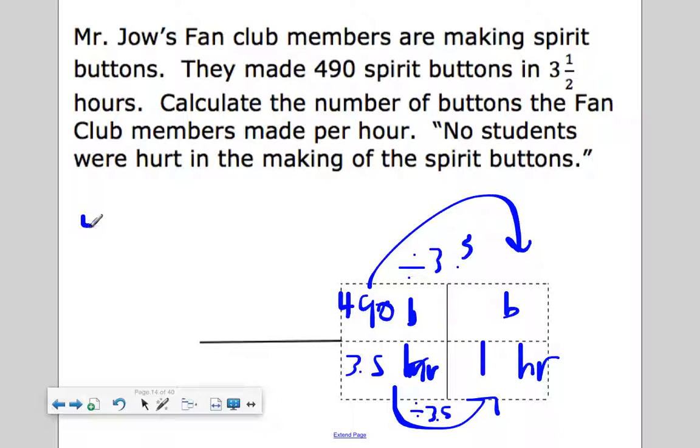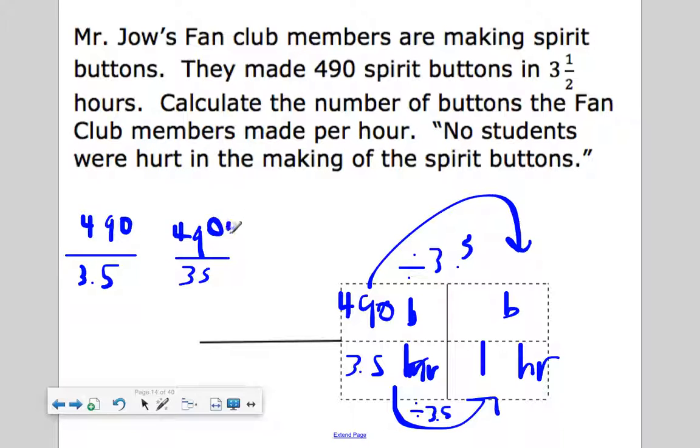So, again, for those who forgot how to divide decimals, let's set up in fractional form. 490 divided by 3.5. I need to turn this denominator into a whole number. So I turn it to 35. Before you say, oh, you just do that, again, you multiply it by the power of 10. So if I multiply this by 10, then I multiply this by 10, that'll be 4,900.